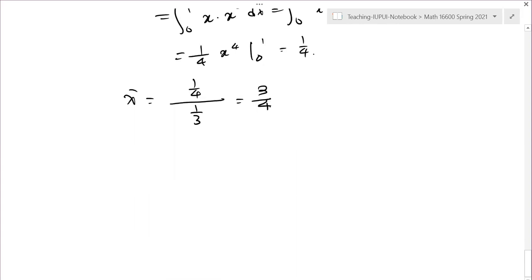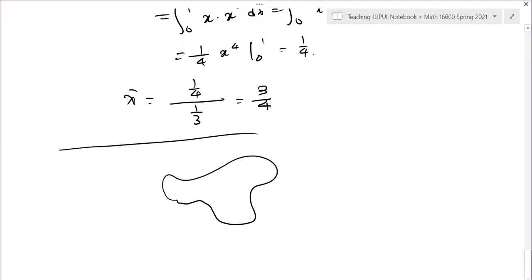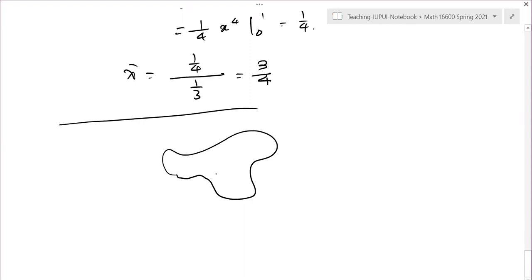Now we're going to find the center of a region. Here's another picture. We have some region in this place, and this is a piece of board, and I assume that it's homogeneous, so the density function is constant.